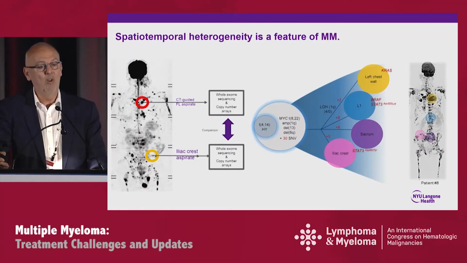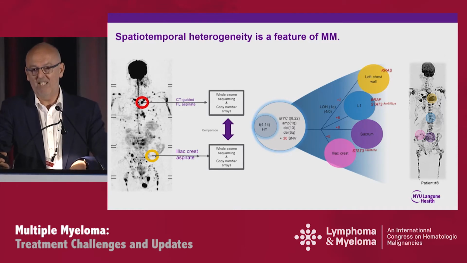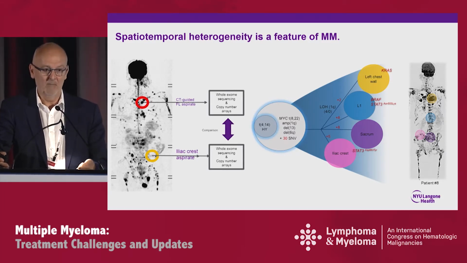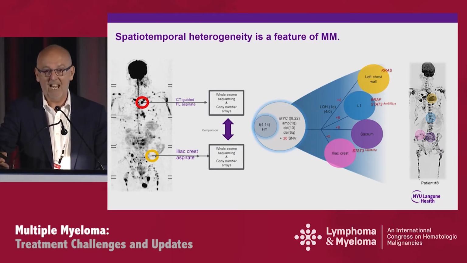And what's even worse than that is across the body at different sites, there are different molecular lesions. So if you treated somebody based on their iliac crest sequence, you may stand a chance that their shoulder wouldn't respond because there's substantial differences based on spatial heterogeneity throughout the body.